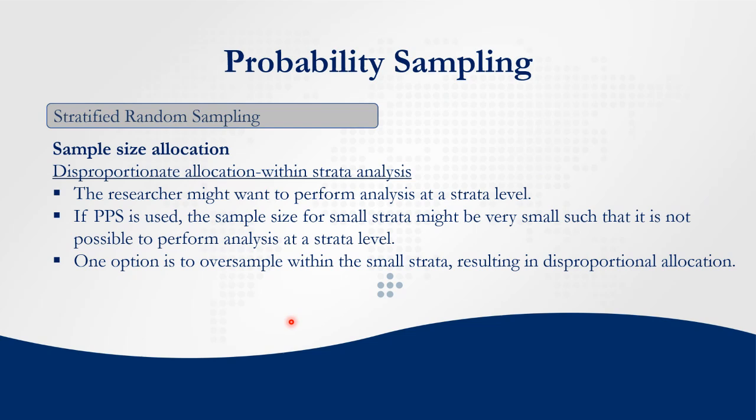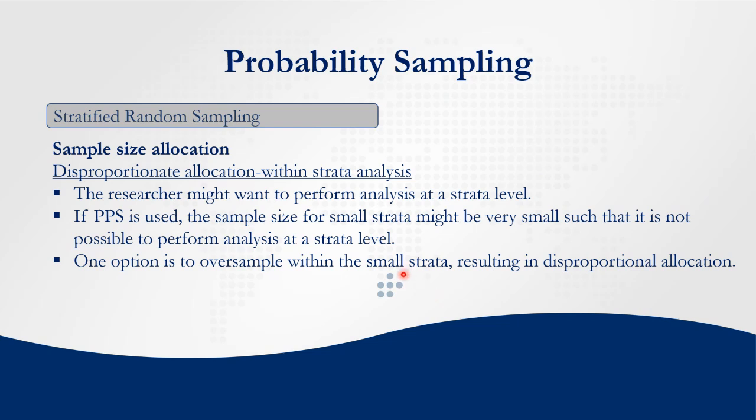They can't do proportional to size, because you end up having very few people sampled from the province, so you have to oversample from that province.